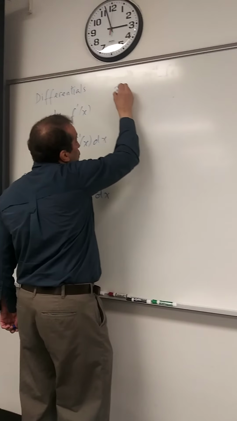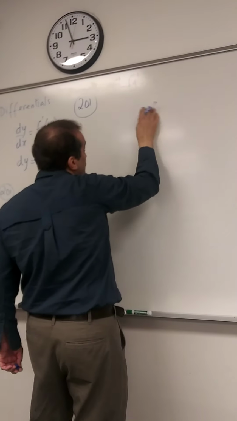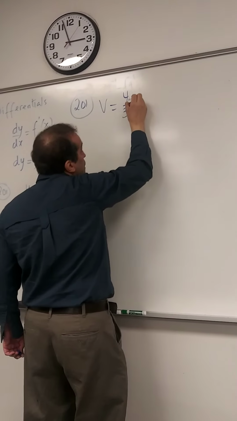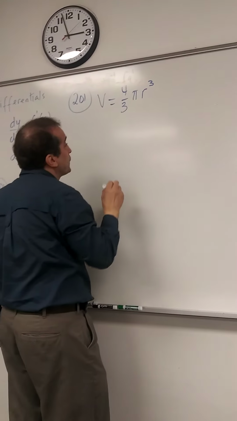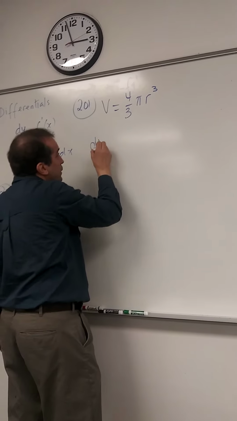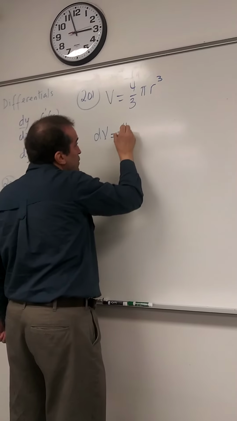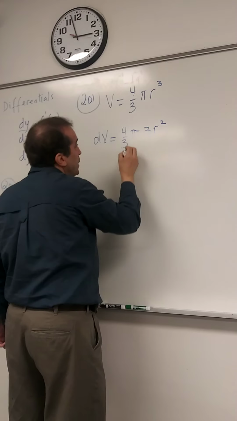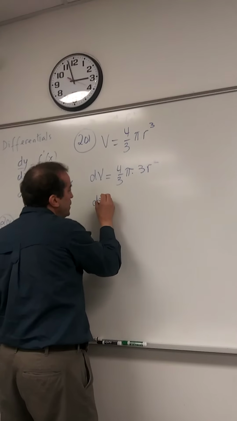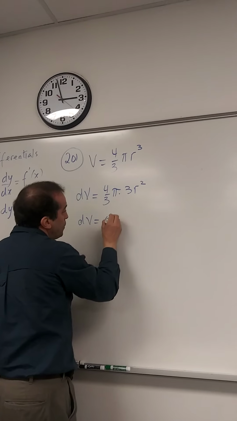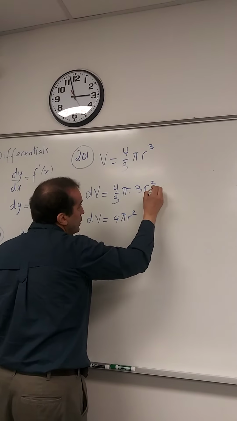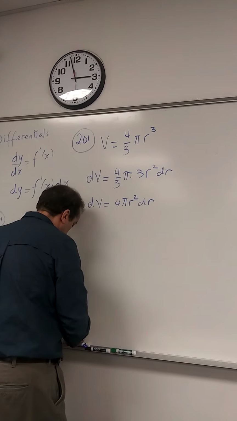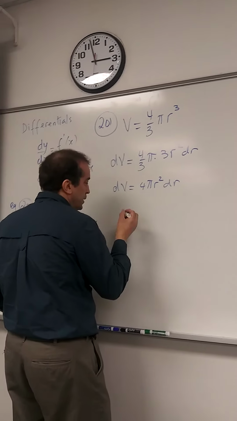I'll give you another example involving the volume of a sphere. V equals 4/3 pi r cubed. The differential dV is 4/3 pi, which is a constant, times 3r squared. The 3s cancel, so dV equals 4 pi r squared dr. Okay, I'm going to write it with a different color.